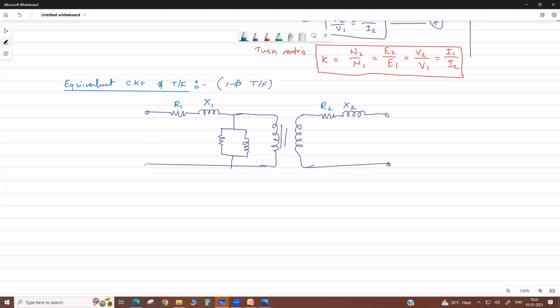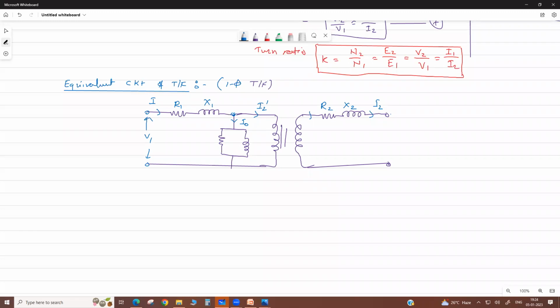Now here, if we apply the voltage V1 on the primary side, then a current I flows. At this node there is a no load current. When there is no load, only this current flows. If a load is there, then there is a secondary load current, and due to this there is an effect on the primary, meaning the effect of this load current on the primary side.